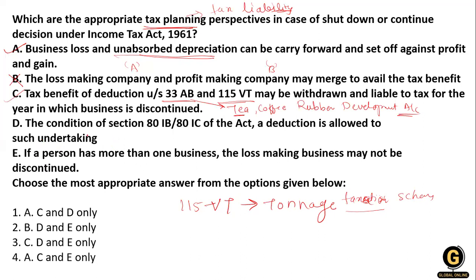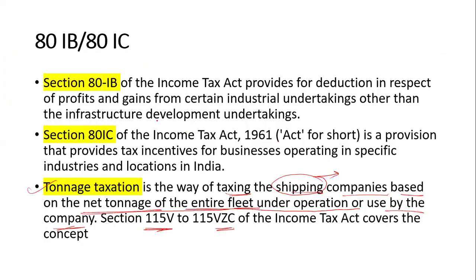Now let's move toward the next, statement D: the condition of section 80IB, 80IC of the Act, a deduction is allowed to such undertaking. First of all, we have to understand what section 80IB and section 80IC are. Section 80IB of the Income Tax Act 1961 provides deduction in respect of the profit and gain of certain industrial undertakings other than infrastructural development.